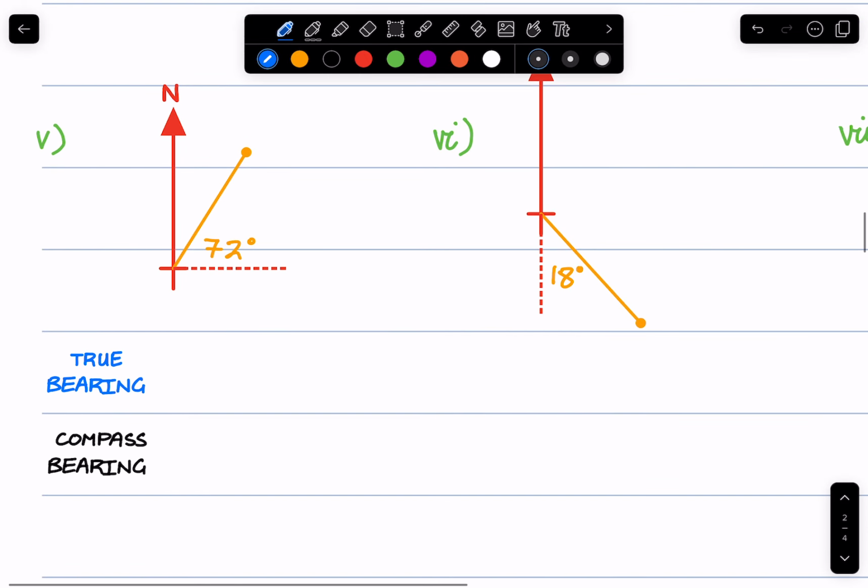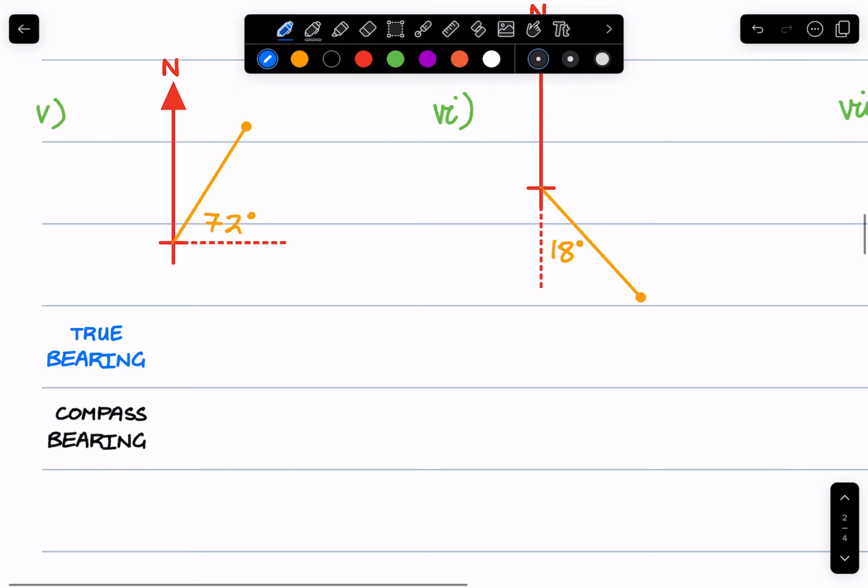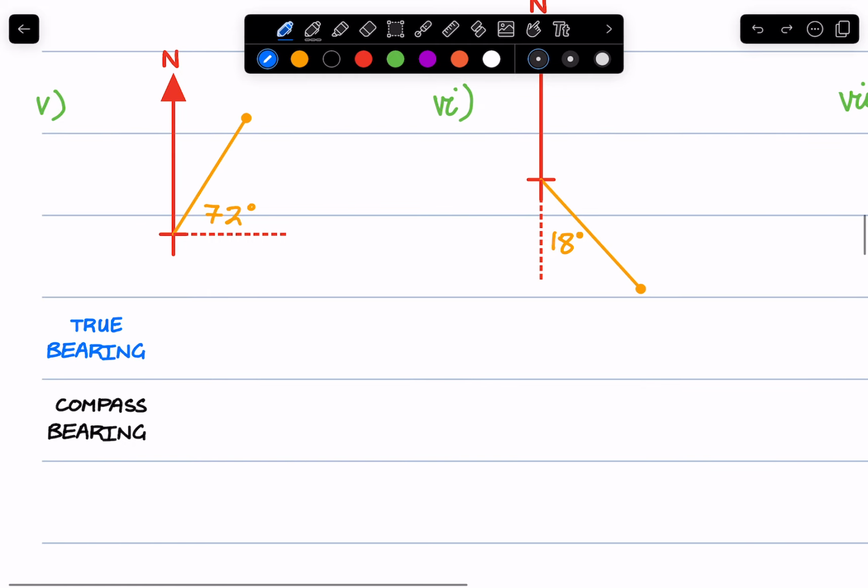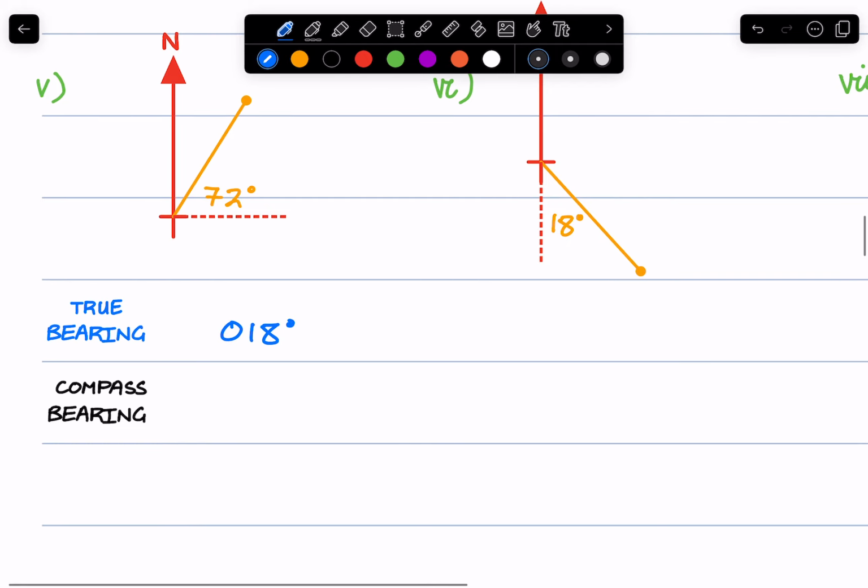Remember, we're always starting from north and we're turning towards the line. In this instance, we know that this is 72. We need to figure out what this angle is. That angle would be 180 minus 72, which would give us 108 degrees.